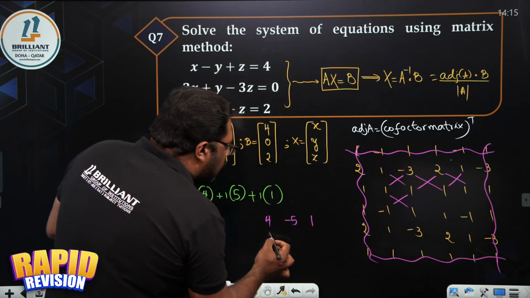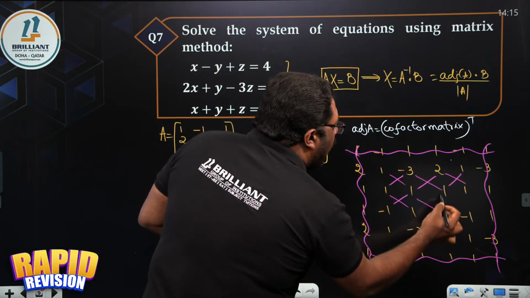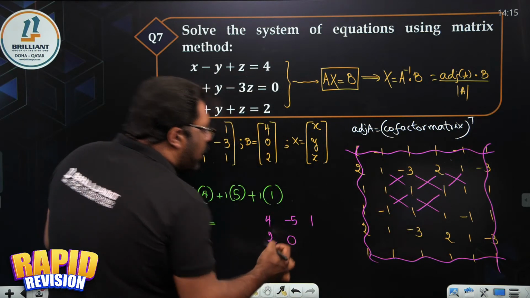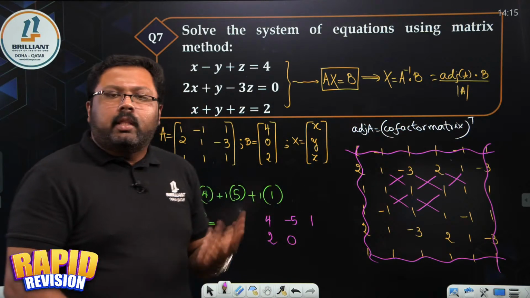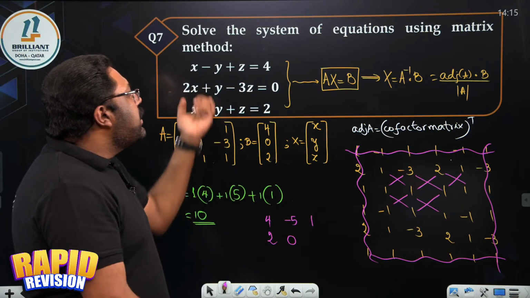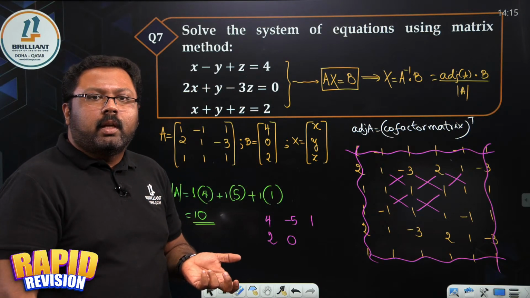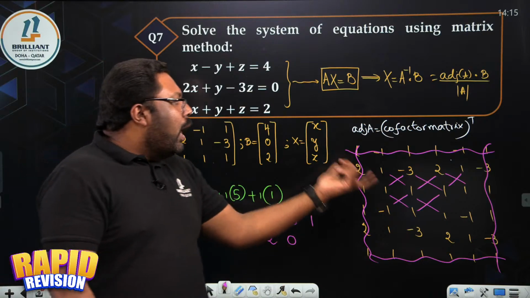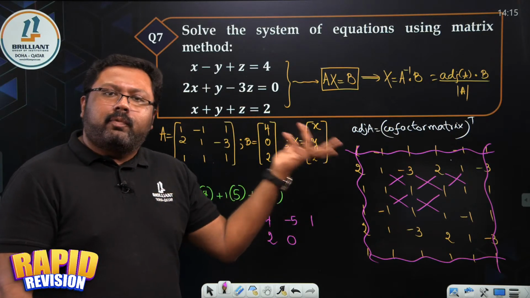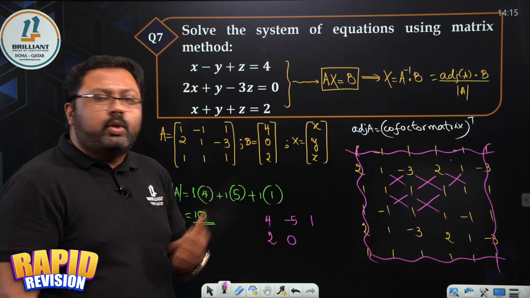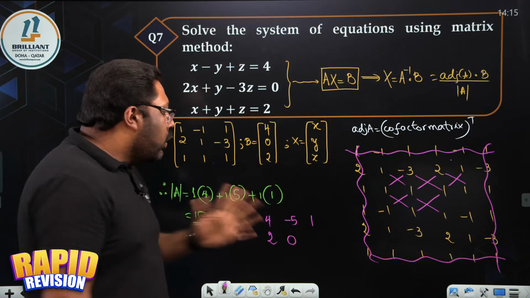1 plus 1, 2, 1 minus 1, 0, because here the question is not to find the adjoint. The question is to solve the system of equations. So they do not care how you found the cofactors. Cofactors is a method to find the adjoint of a matrix. You just get the cofactors correct. Okay, that's all.